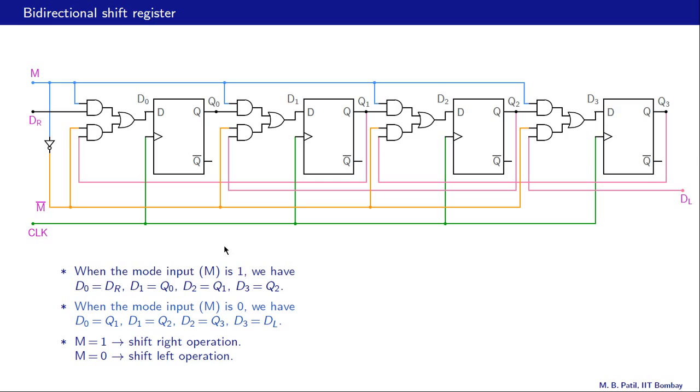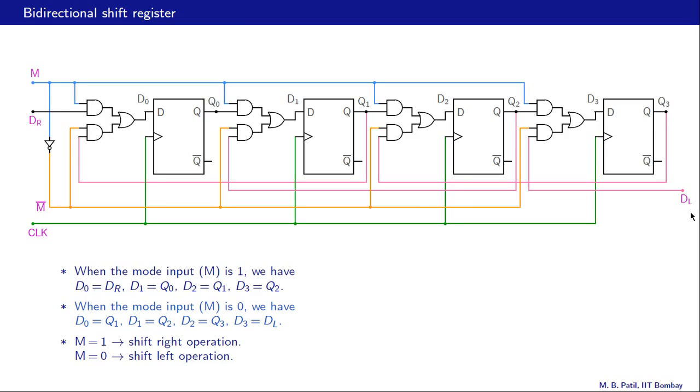What about M equal to 0? If M is 0, then the output of this AND gate is 0, and then this D is the same as Q1, and similarly we will find that this D1 is the same as Q2, D2 is the same as Q3, and D3 is the same as DL.